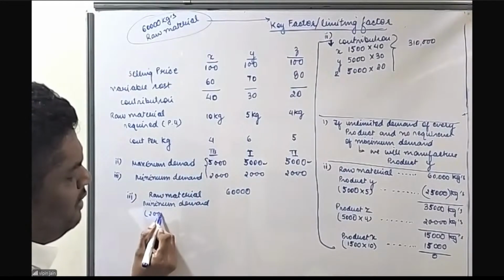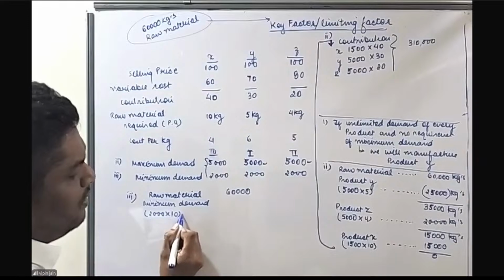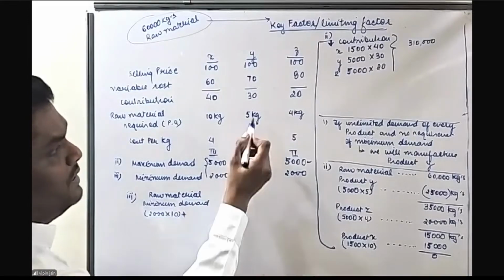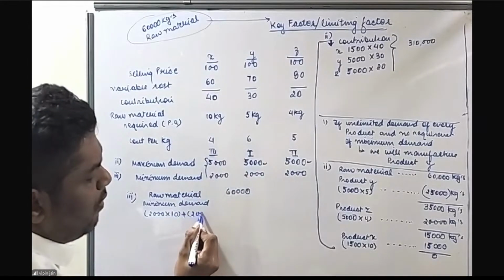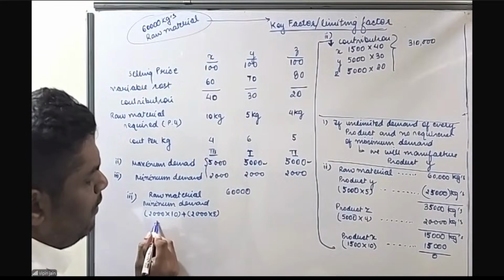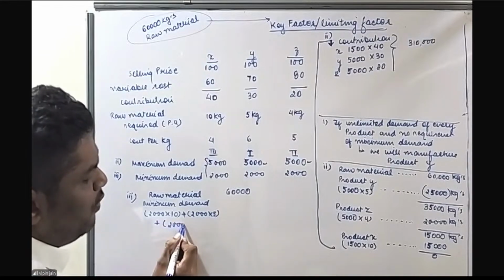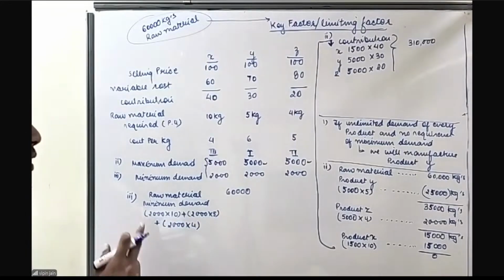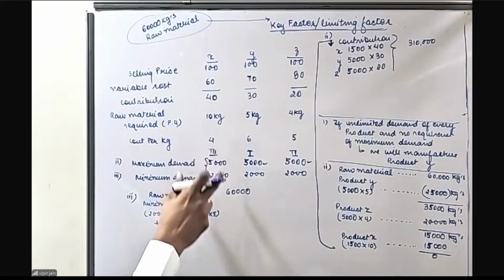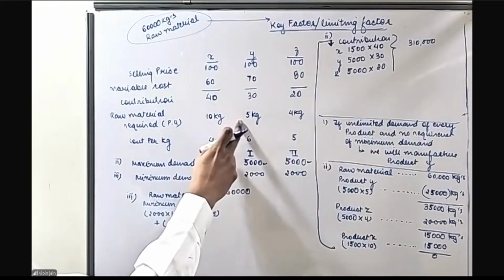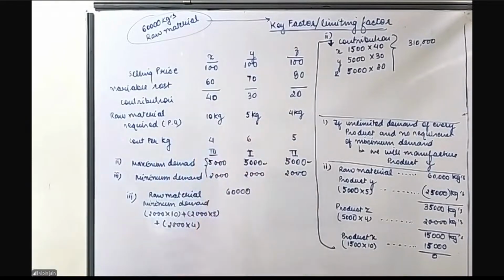So 2,000 units of X into 10, plus 2,000 into 5, plus 2,000 into 4. 2,000 into 10, 2,000 into 5 kgs every unit, and 2,000 into 4.